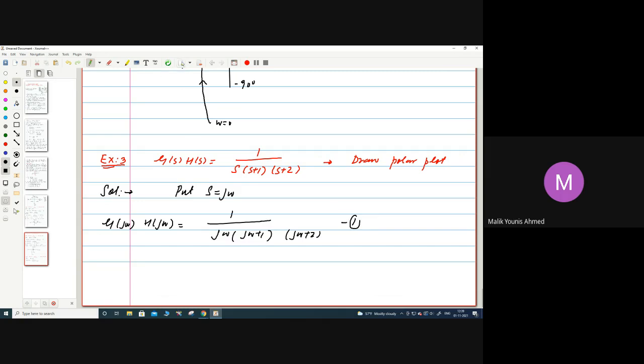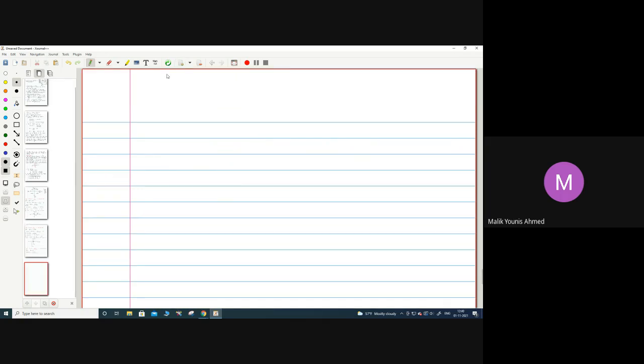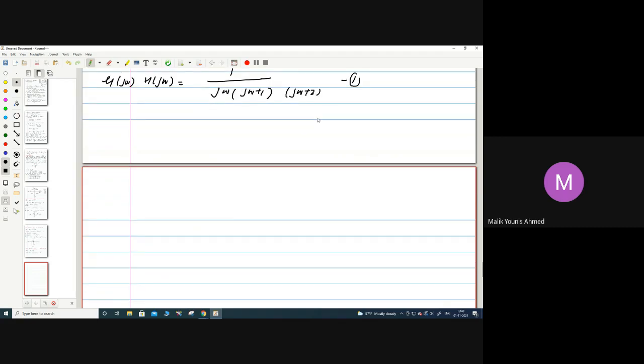Let's move to the next page. Now let's see the magnitude M, which is nothing but the magnitude of G(j omega)H(j omega). That magnitude will be 1 divided by omega under root of omega square plus 1 under root of omega square plus 4.